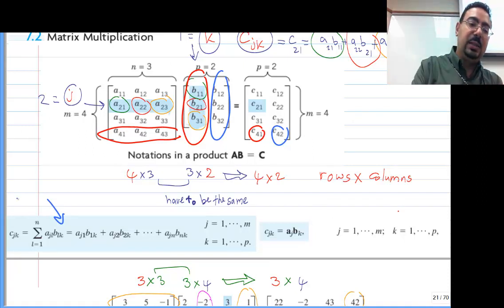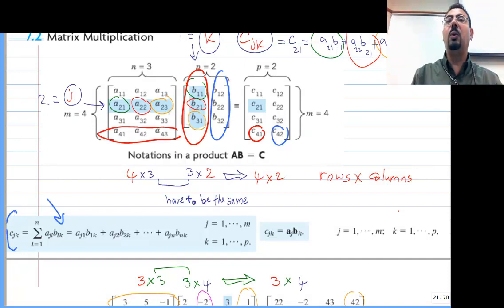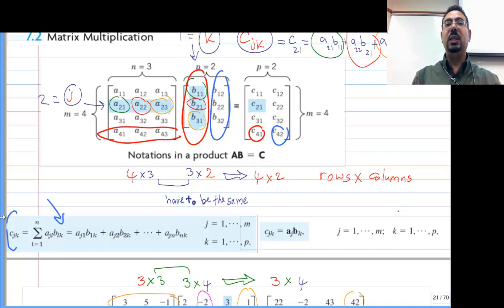It's basically a loop that goes over all the rows and columns of the product. The product is C. So C_JK comes from the summation over L of A_JL multiplied by B_LK. Where is J coming from? Oh, sorry, that's the rows of the first matrix. And K is the column of the second matrix. And that's how it works.